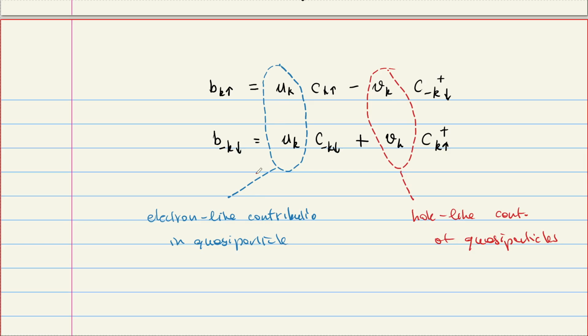The amplitude, the probability to be in the electron-like state is U, this is the amplitude, and the probability is the square of this. So the amplitude is U of k, or the probability is the absolute value of U_k squared. And similarly here, the amplitude is V of k, or the probability is V_k squared. This is the usual interpretation in quantum mechanics.